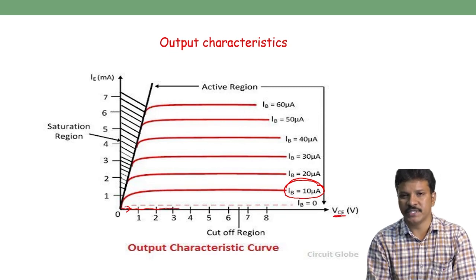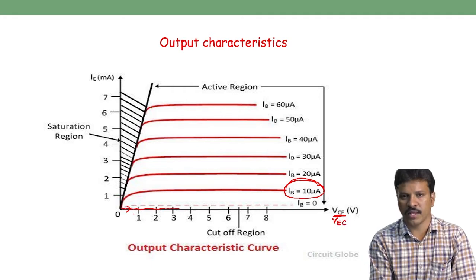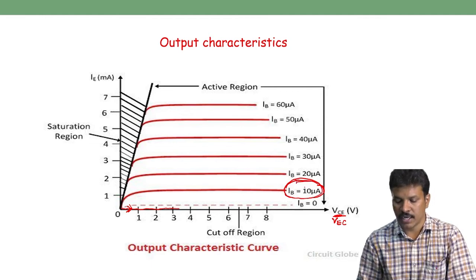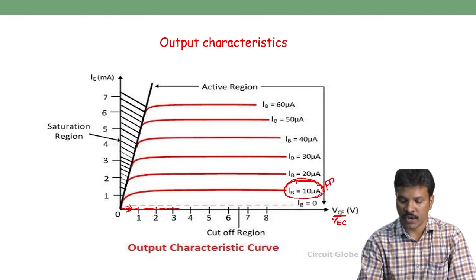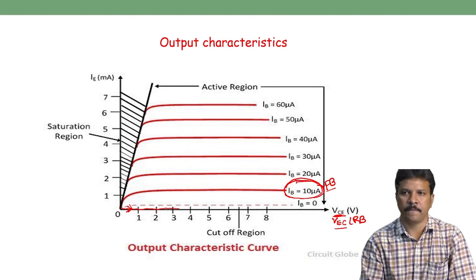Increasing VCE greater than 0 means the collector to emitter junction is reverse biased. IB equal to 10 microampere means the input junction is forward biased. When the input is forward bias, the output is reverse bias. This region is called the active region.